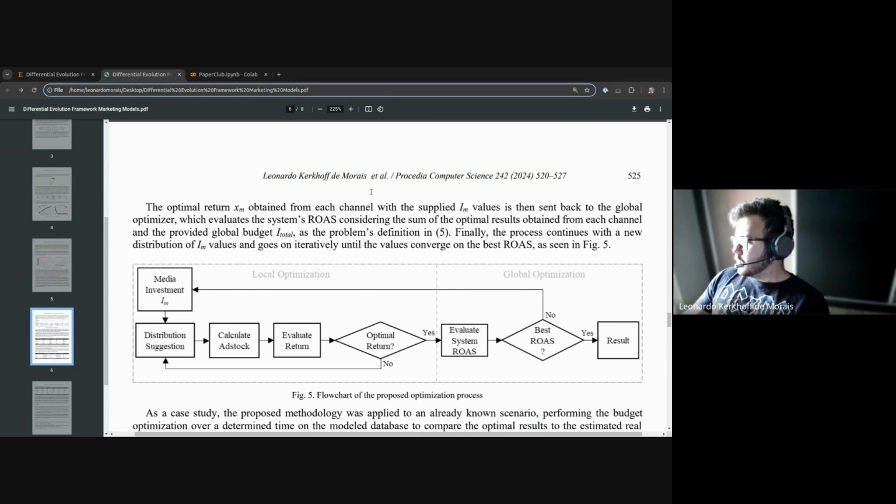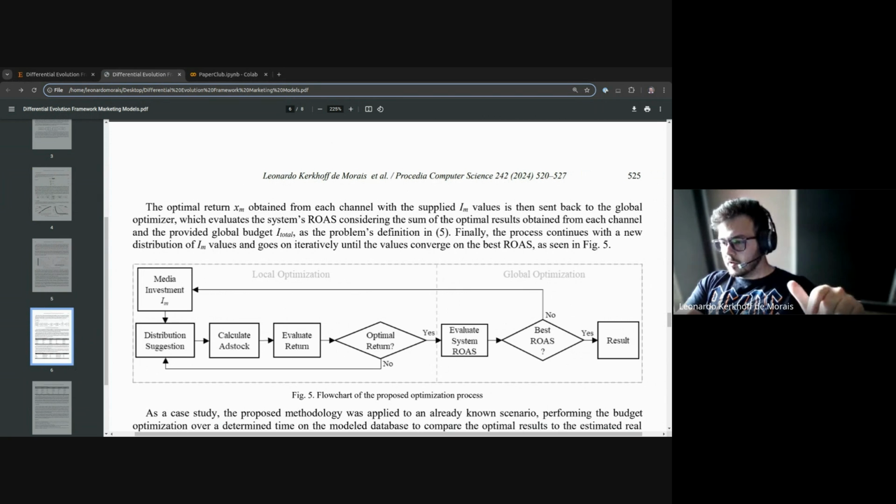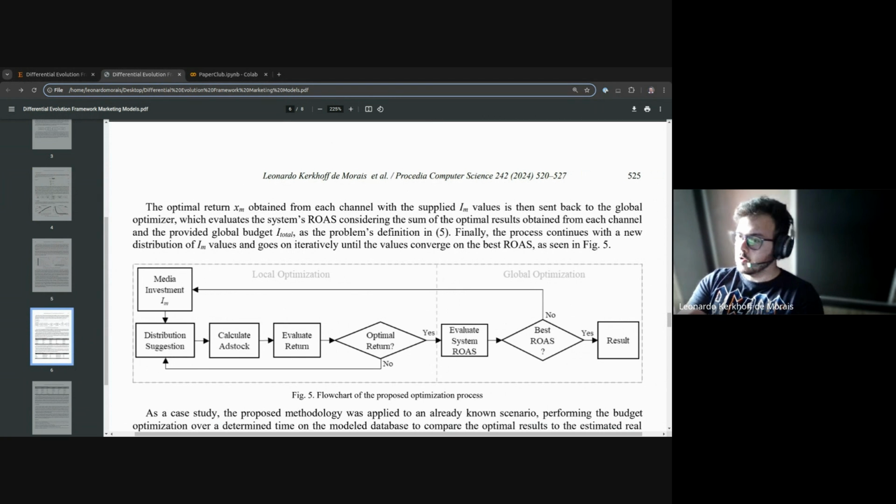And for this, we have to do a two-step process, because let's suppose you have a total budget. You have this 1 million reais, and they said you must invest this 1 million reais on YouTube, on TV, and on radio. So the first step, you have to know how much you would invest on YouTube, how much on TV, and how much would go to radio.